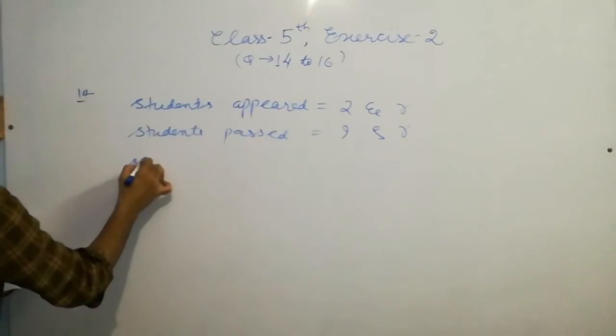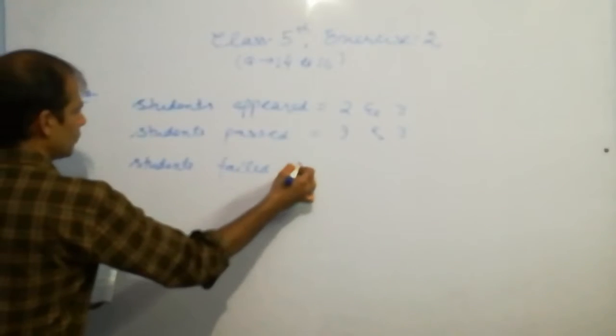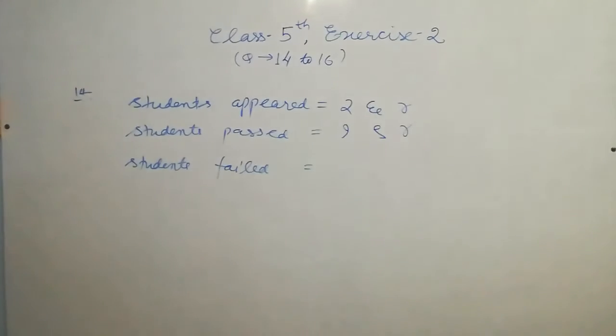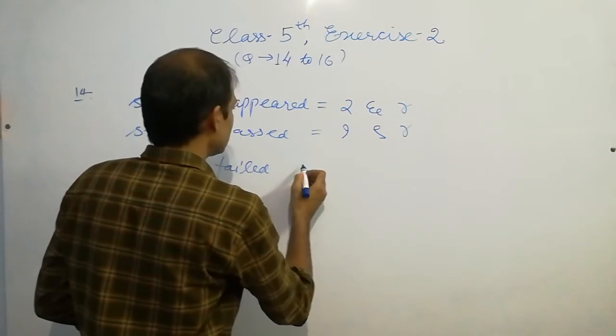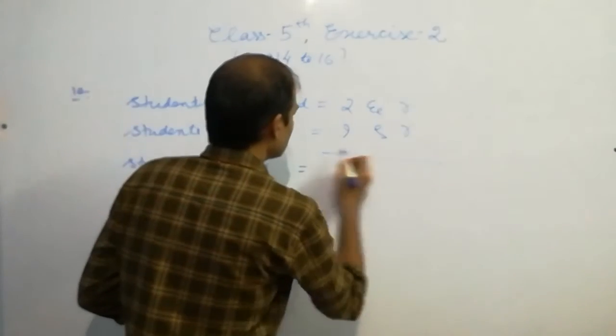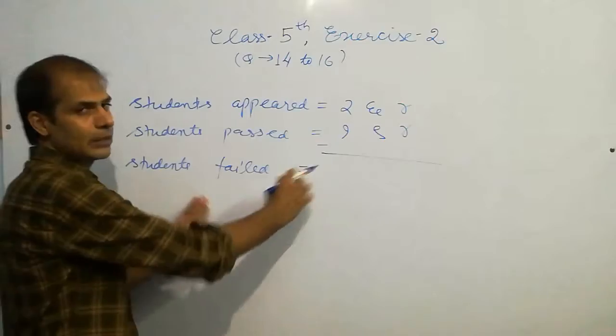Then students failed will be, obviously we have to perform subtraction, so write equal here, perform the subtraction, this will be your answer. So you can write it this way also.